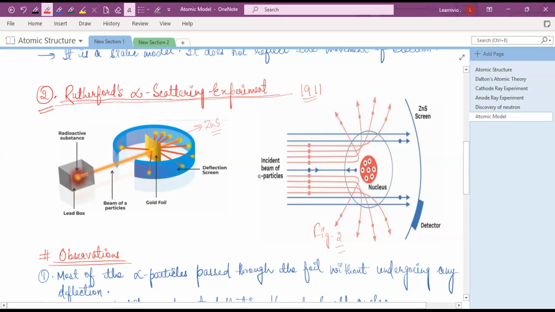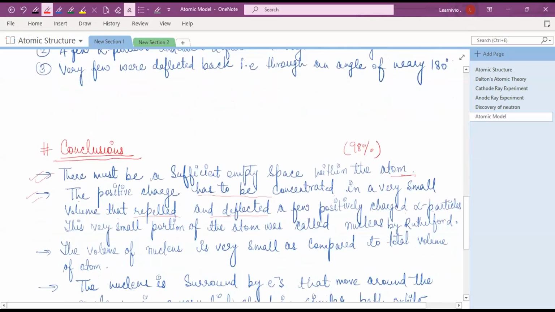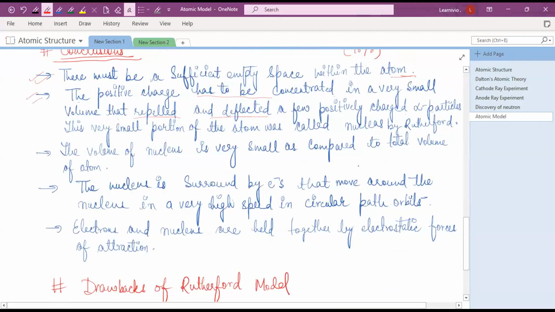A very small fraction of alpha particles was deflected by small angles. These are small angles, making which they were deflected. And accordingly he drew the conclusion that a positive charge has to be concentrated in a very small volume.